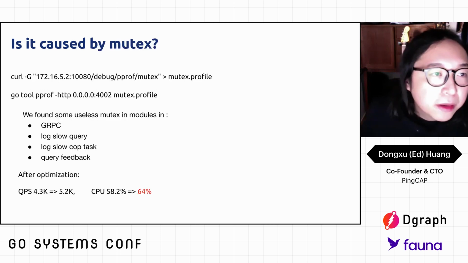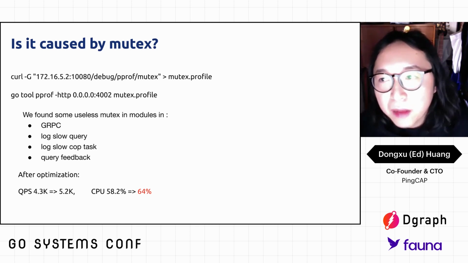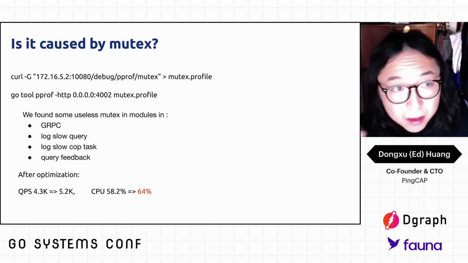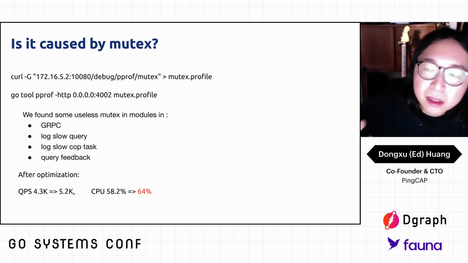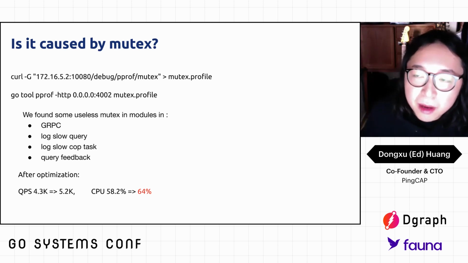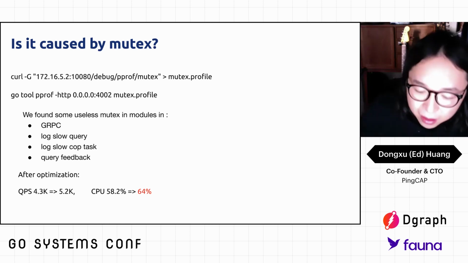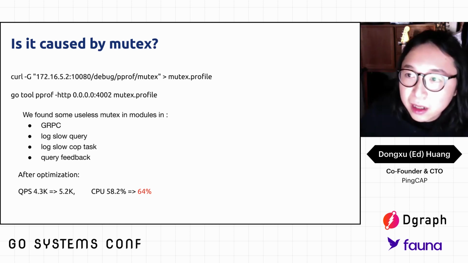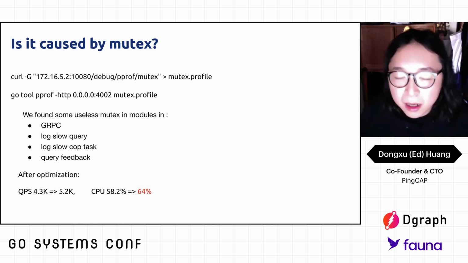Okay, so is it caused by some unnecessary mutex? Sometimes your application uses a lot of logs that are not necessary. When you have very heavy log contention, the result is that the CPU is not well used, but your system meets a bottleneck.